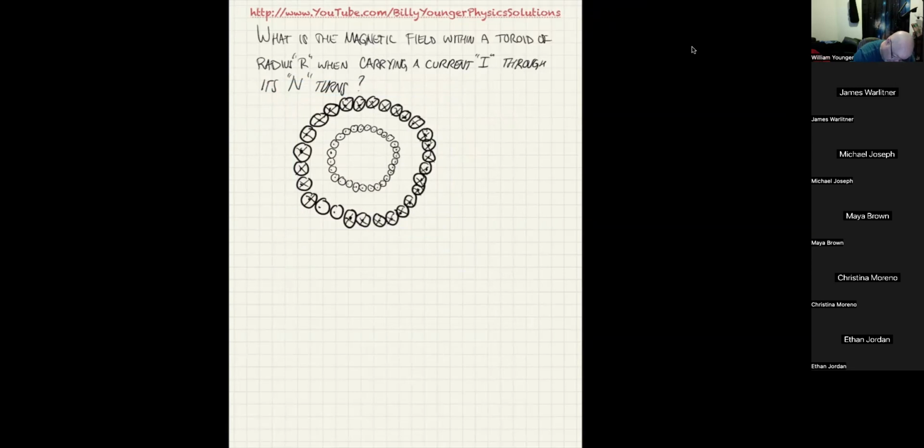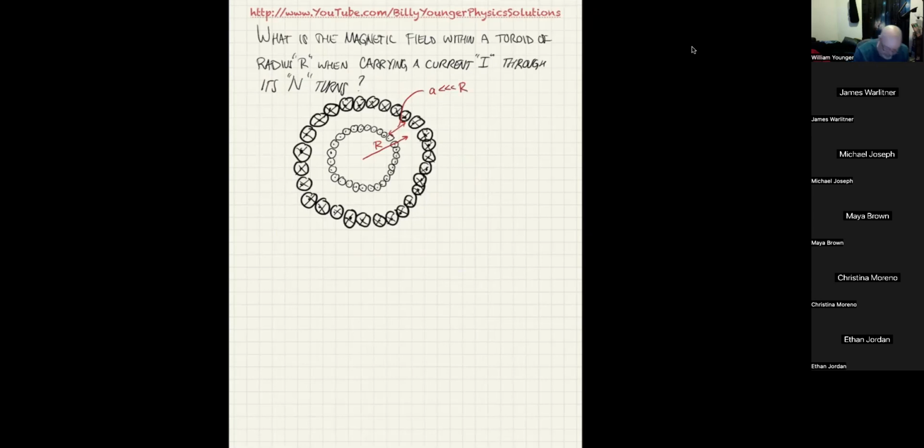And now I've even managed to draw all the wires and everything. What I mean when I say radius R is that this is a radius R and that the distance from here to here, we'll call A, is way, way, way smaller than R, even though it doesn't look it.